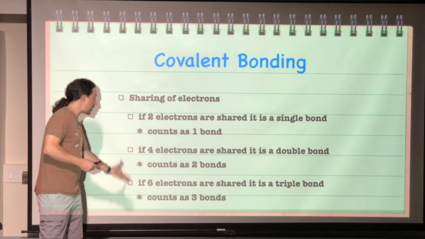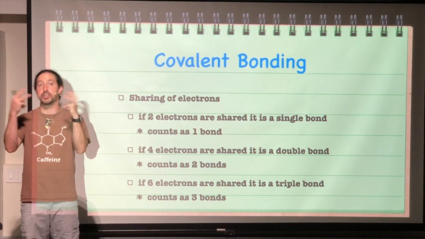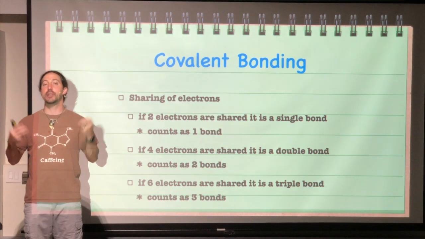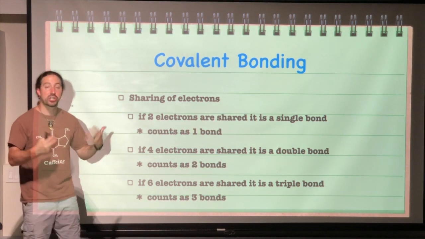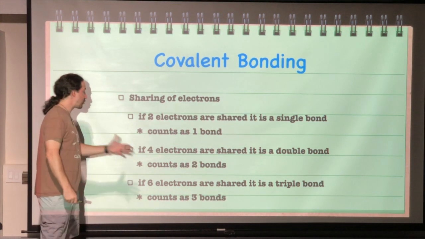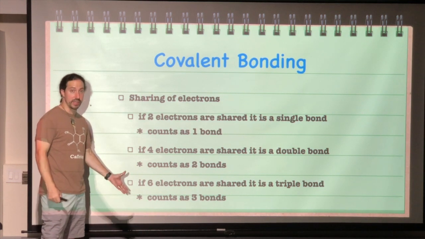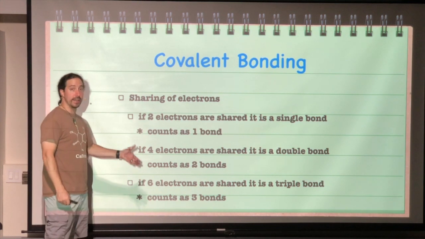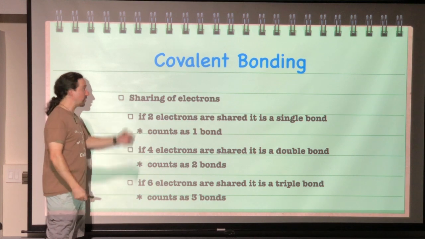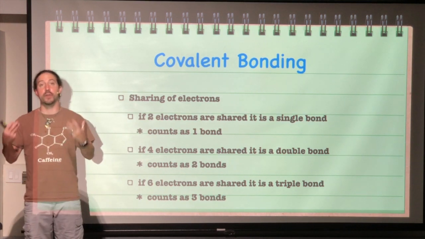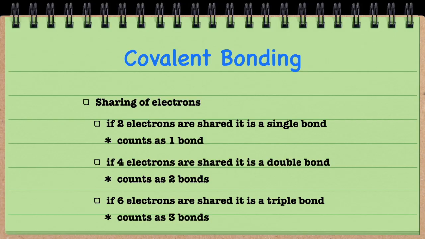And if they would share 6 electrons between the 2 elements, then that would be a triple bond. And just like you would probably expect, a triple bond is the strongest of these bonds. Double bond is in between, and a single bond is the weakest of the covalent bonds. But each of these bonds are extremely strong. A bond is an extremely strong interaction between 2 elements.